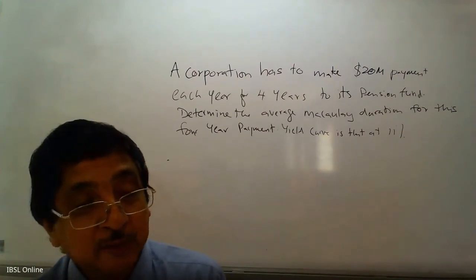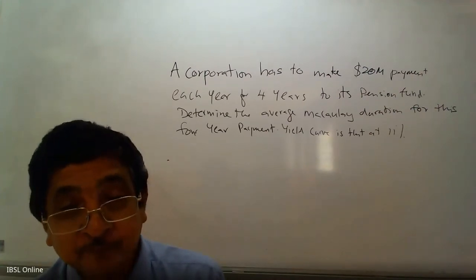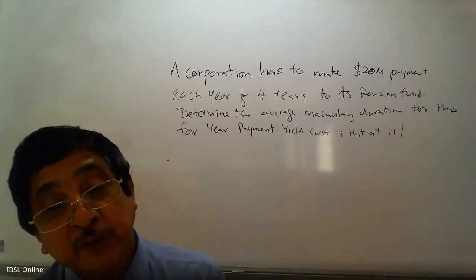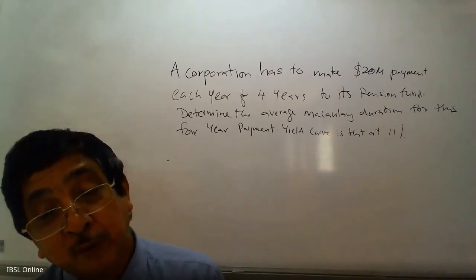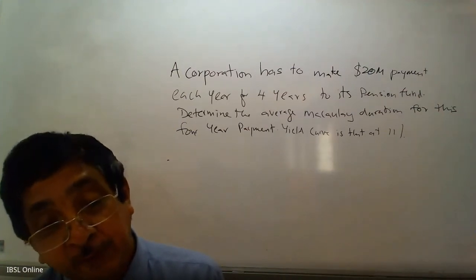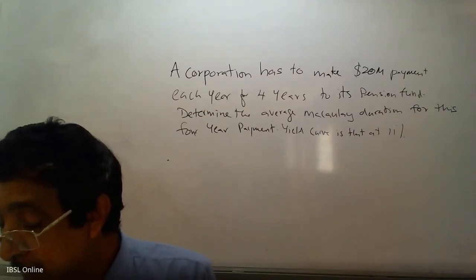Just try to calculate it. You can have the time periods as 1, 2, 3, 4, cash flows as 20, 20, 20, 20. Then you calculate the present values, then get the weights, and weight into time, and get the duration. Can you do that?